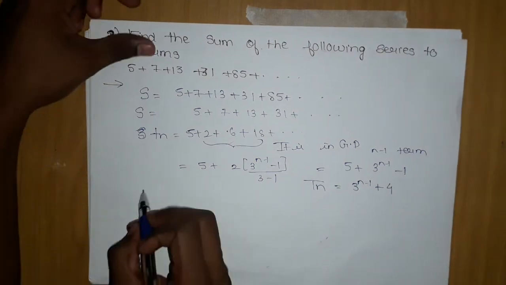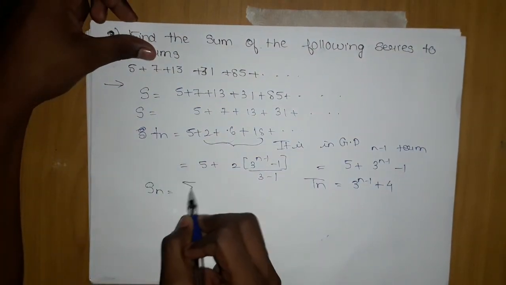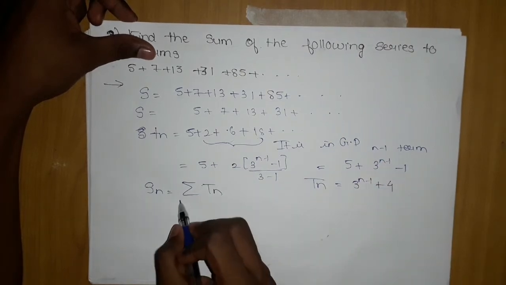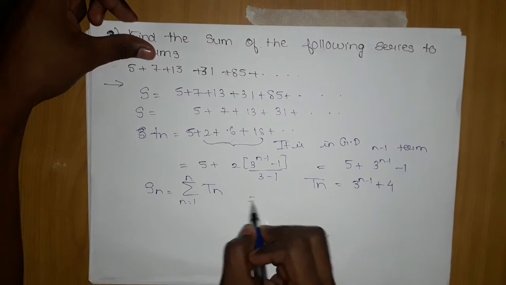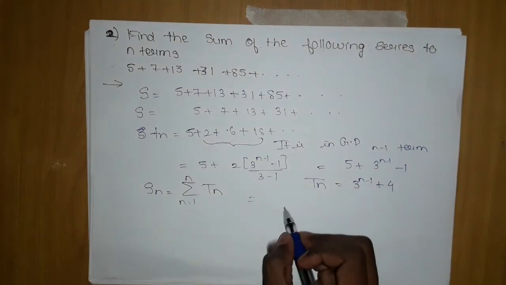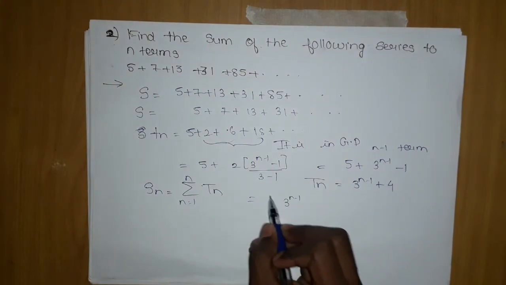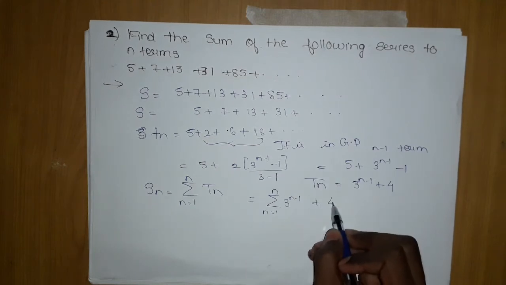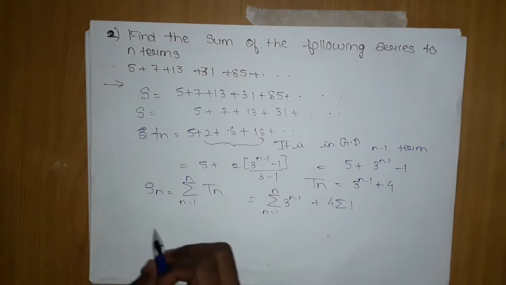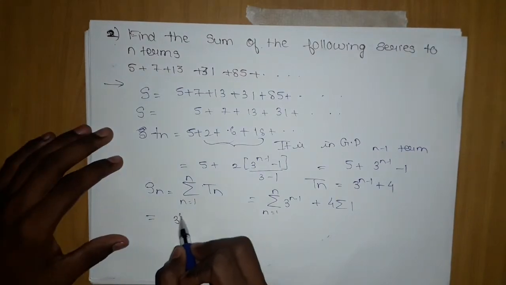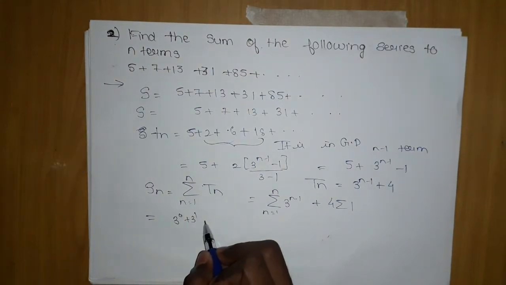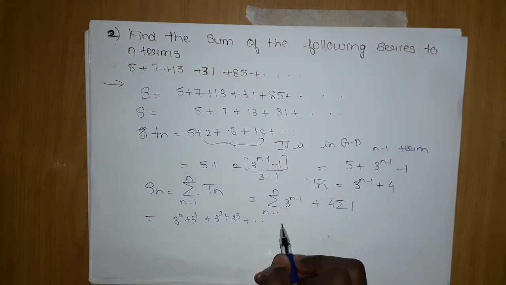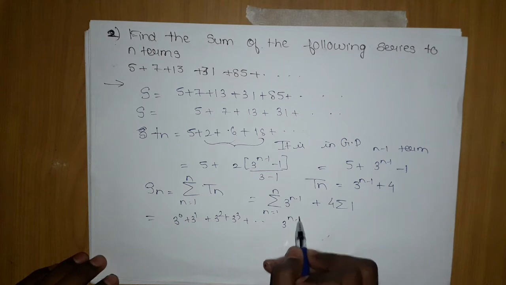Now many children will be curious how we will get Sn, because it is 3 to the power n minus 1, such a bad number. But I told you, whenever you see a series, don't get scared. Just try to open it. If I open this, I will get 3 to the power 0, 3 to the power 1, 3 squared, 3 cubed and so on, and minus 1.